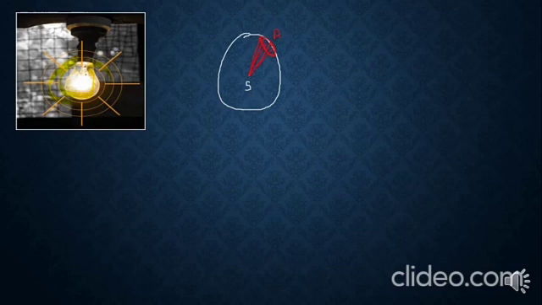I'm drawing lines such that most of the lines are meeting on the surface of this small area which I have taken. These lines can be everywhere, all around the sphere.